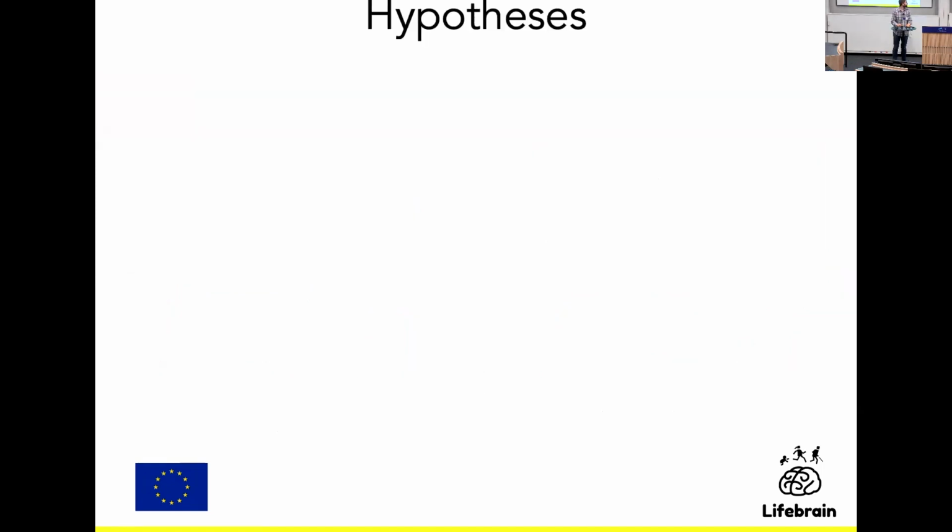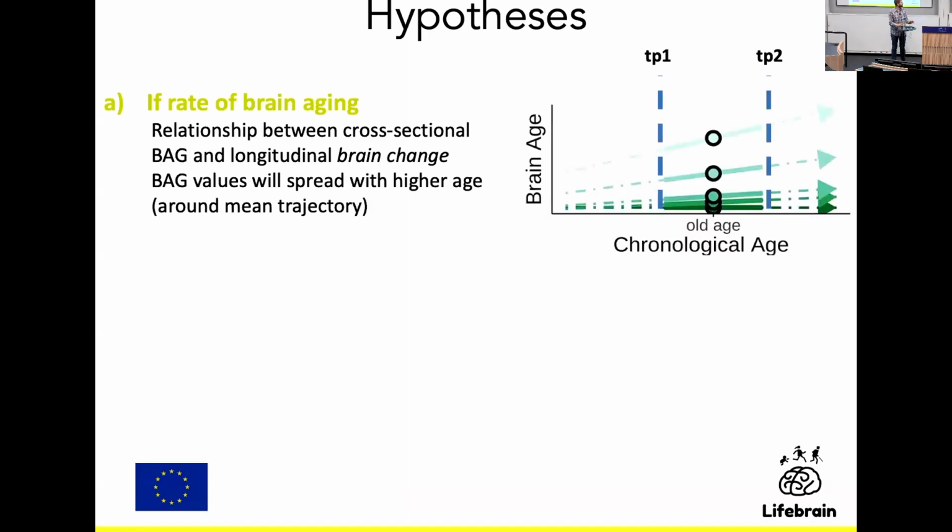So what we aim to do in this study is to use longitudinal data to disambiguate or to test both possible hypotheses. We argue that if variations in delta reflect the ongoing rate of brain aging or ongoing change, we should see a relationship between cross-sectional delta and some measure of longitudinal brain change.